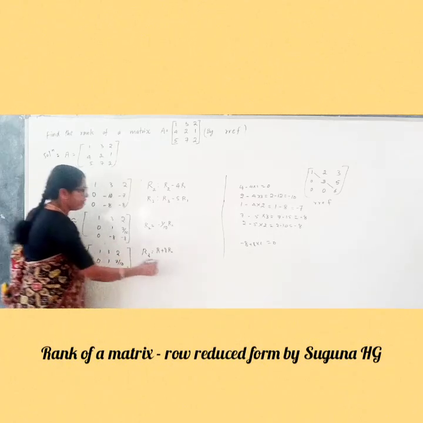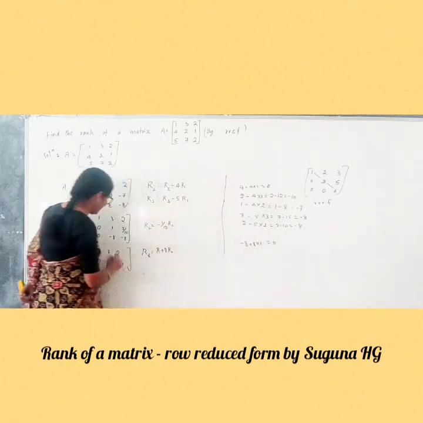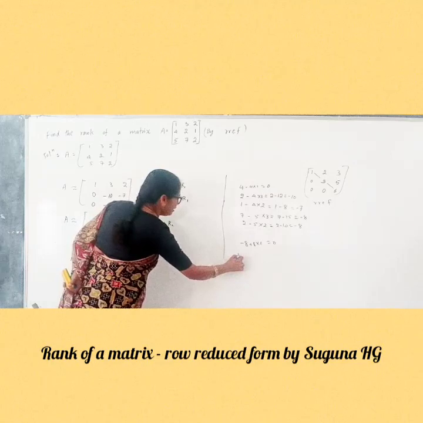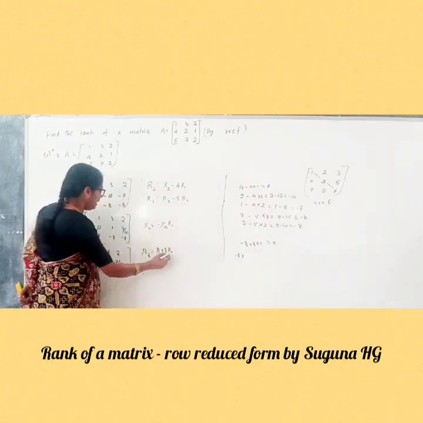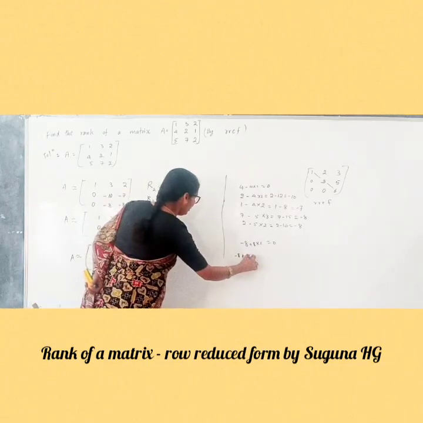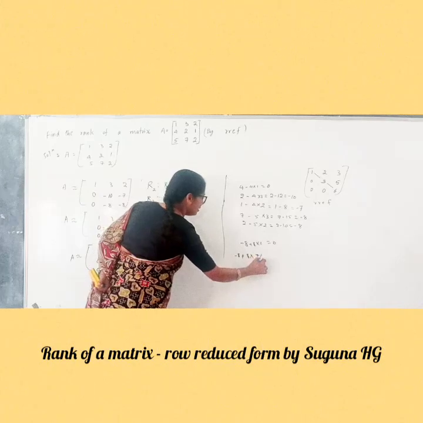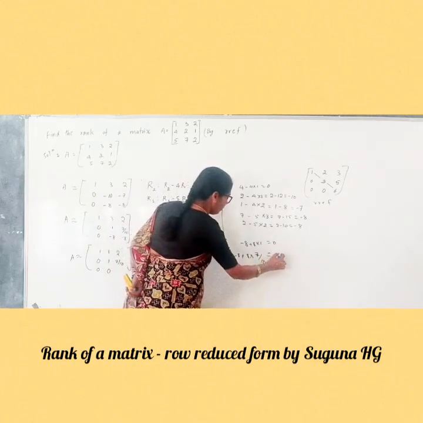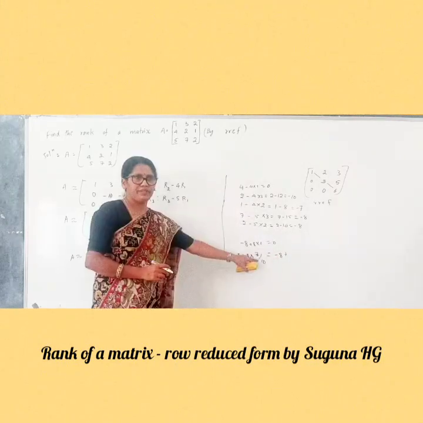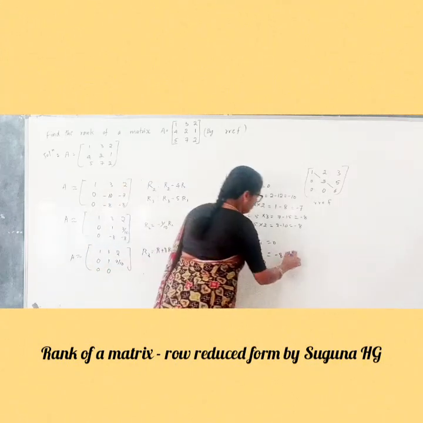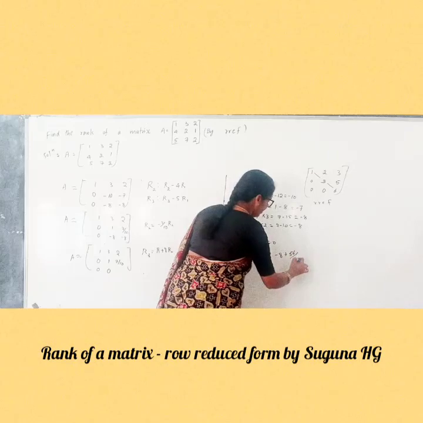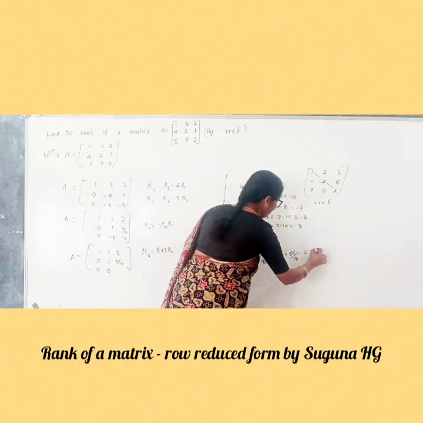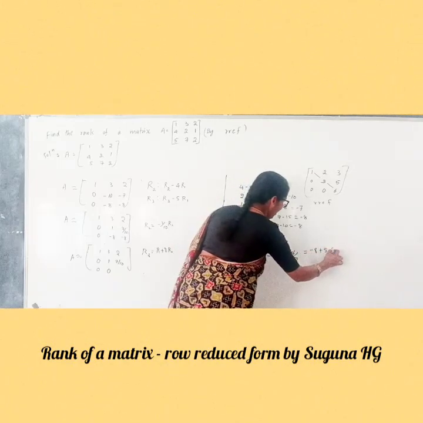Then minus 8 we have in the next row also. Minus 8 plus 8 into 7 by 10. 8 into 7 by 10, which is equal to minus 8 plus 56 by 10, which is equal to minus 8 plus 5.6.